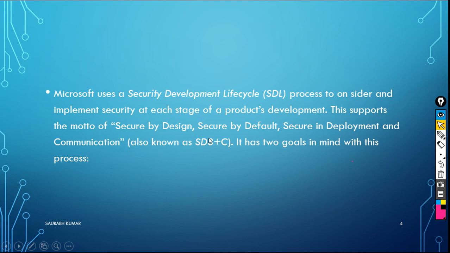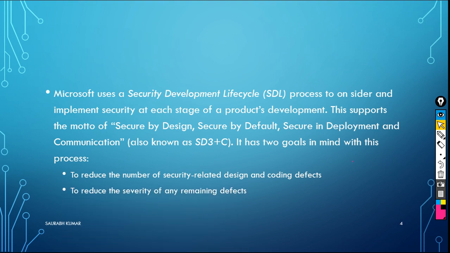Now, what is the main goal of using the SDL method? There are two main goals when following this process. The very first goal is to reduce the number of security related design and coding defects, so that whatever program you are designing, you reduce the problems and vulnerabilities. The second goal is to reduce the severity of any remaining defects.